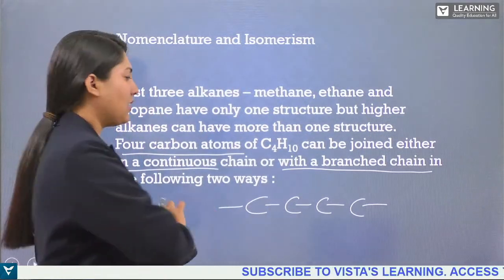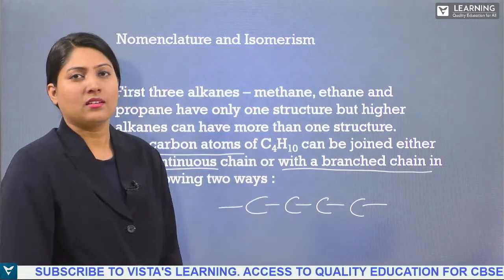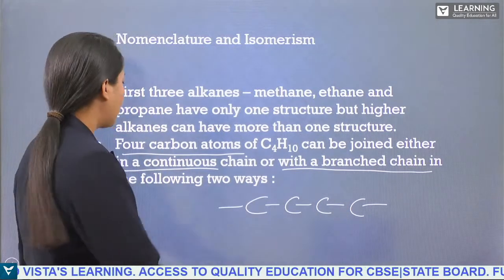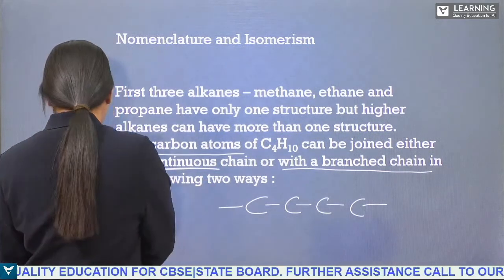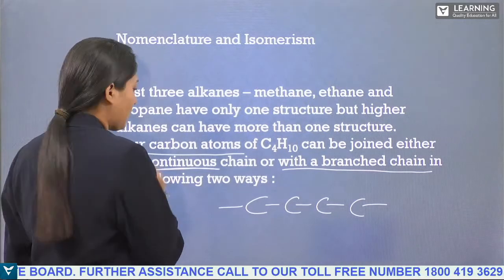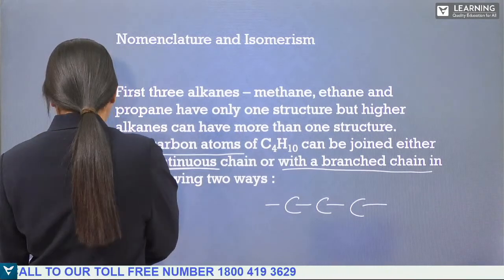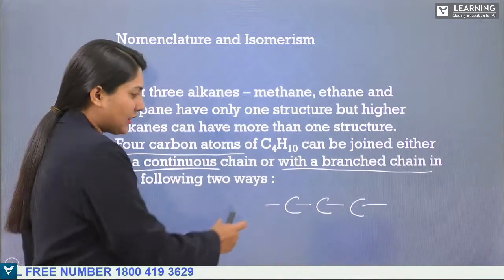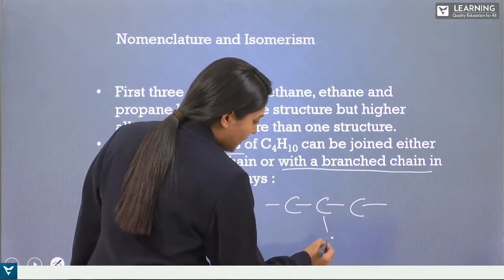So this is a plain chain. We call this a continuous chain. But if I remove one of these carbon atoms, and instead of writing it at the terminal point, I can attach that to this carbon atom.